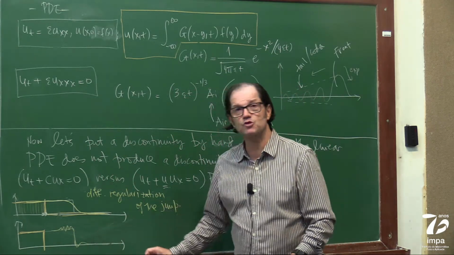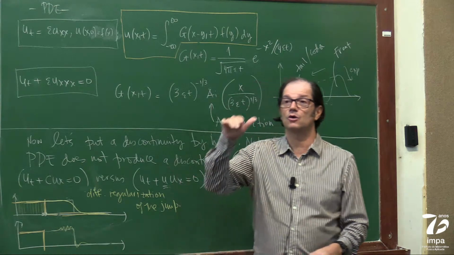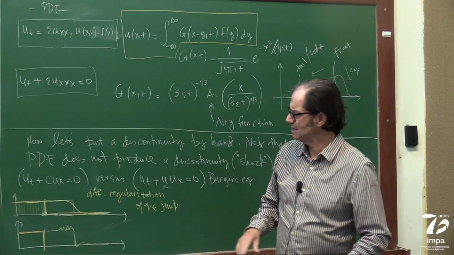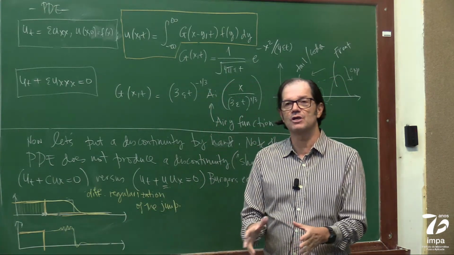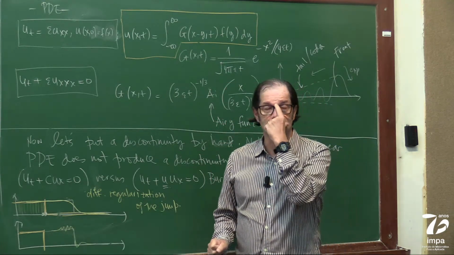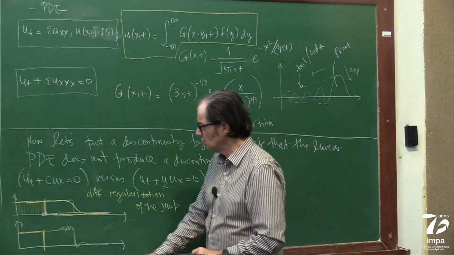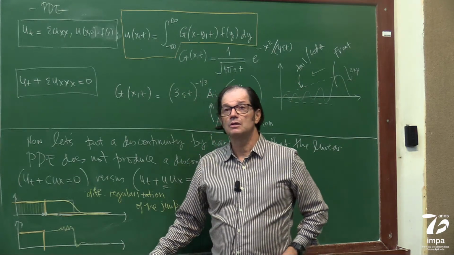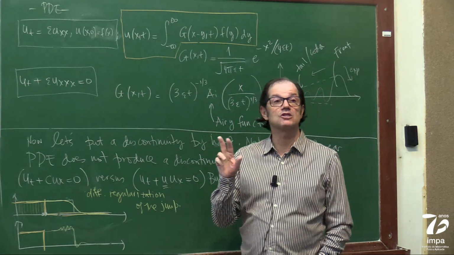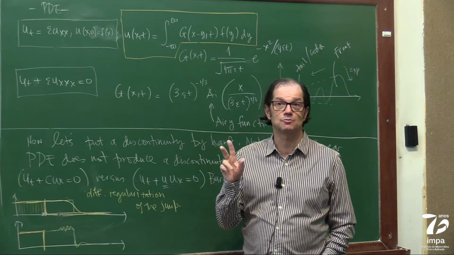Okay, so it's going to capture the jump in oscillatory fashion. It looks a bit like what we sometimes see in the Fourier-Gibbs effect, but it's not quite the same. And here, there are two very important things from the theoretical PDEs point of view.